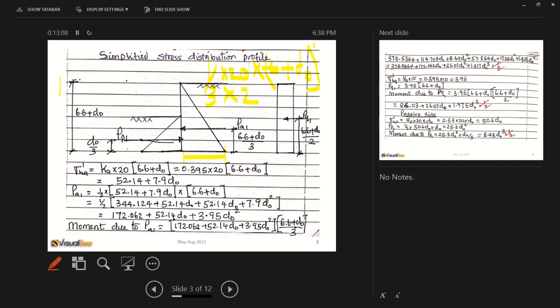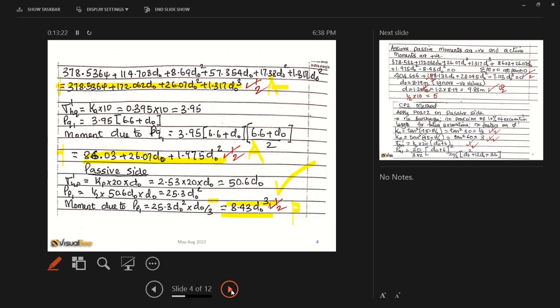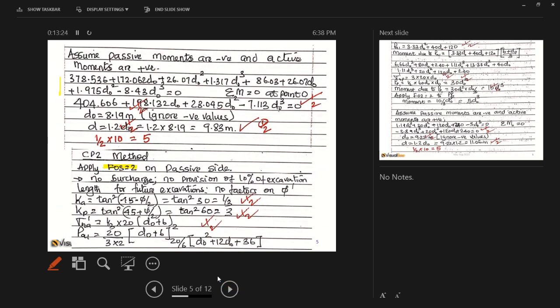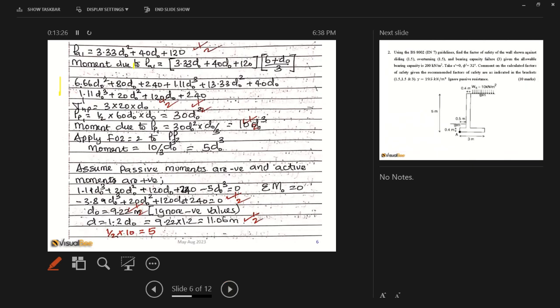Height is 6 plus d not. Okay, and then to get the moment is 6 plus d not over 3, so this is cubed over 3. Okay, and that's what we're trying to do here. Then you can simplify, so up to the moment. Okay, so that's what you end up with.